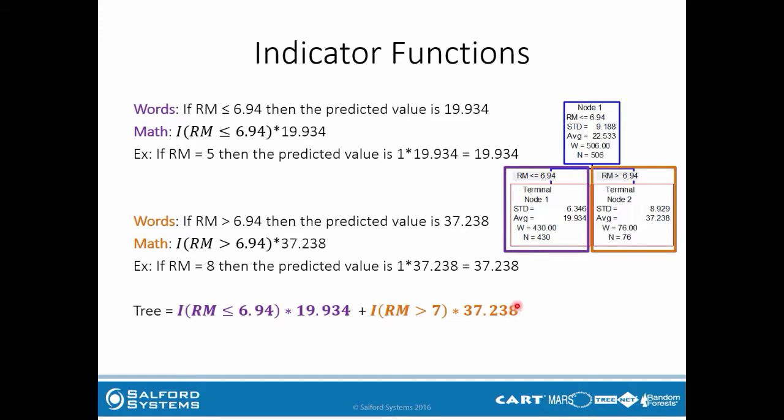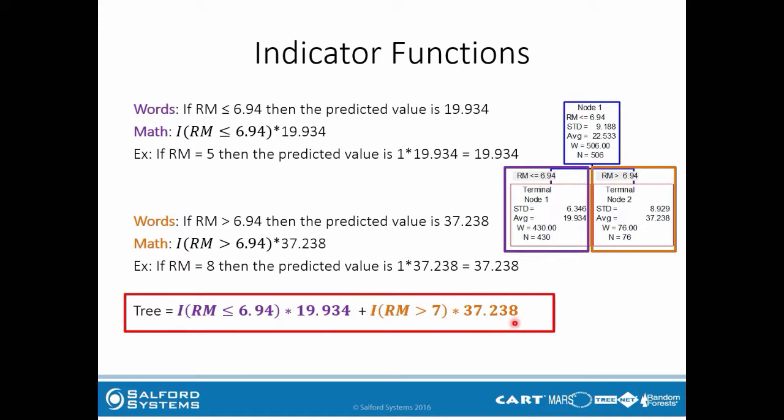So the second half to our equation here is then just going to be this piece. And this actually is the equation of our CART tree. And that's it. That's how you express a CART tree as an equation. Now just to give you an example of how this works, let's go back to this example again. If Rm were equal to 5, then we have 1, because we plug in 5 here for Rm. So is 5 less than or equal to 6.94?